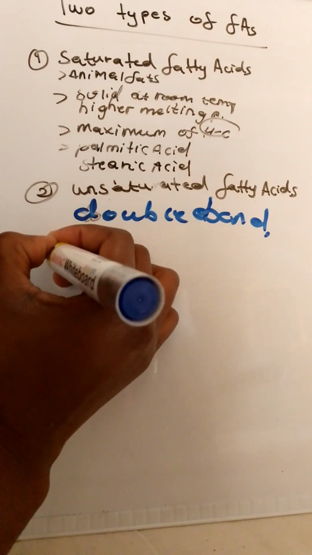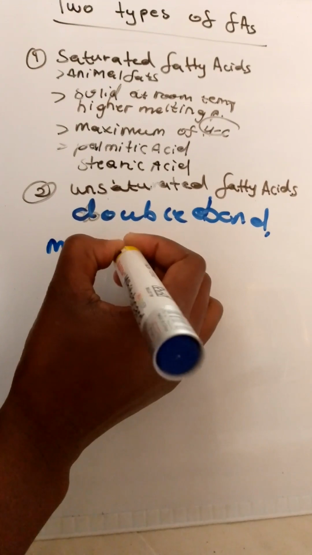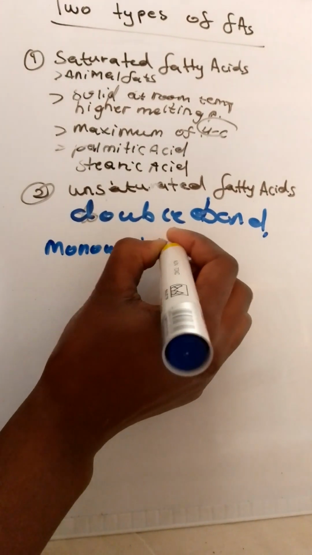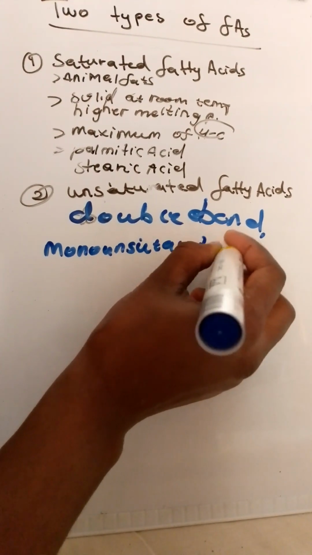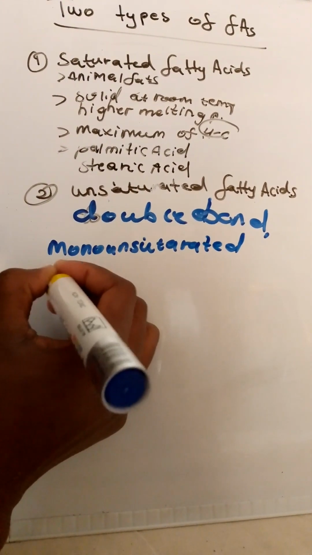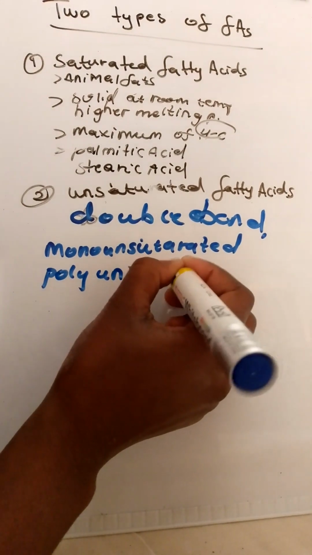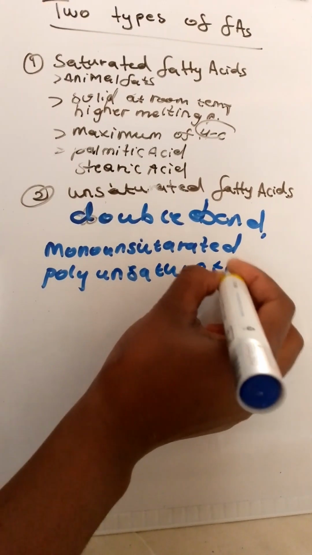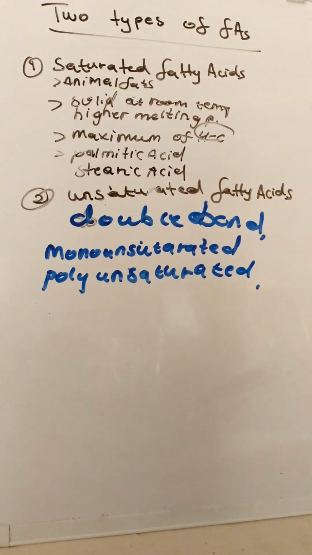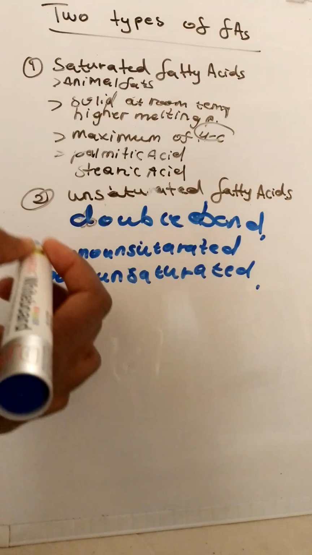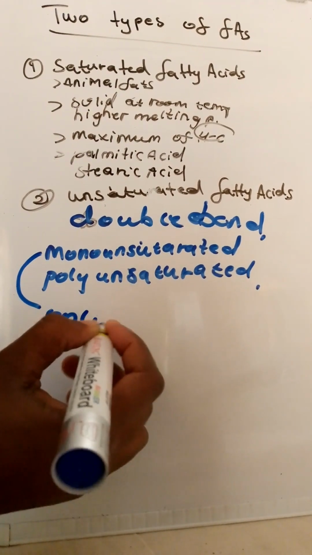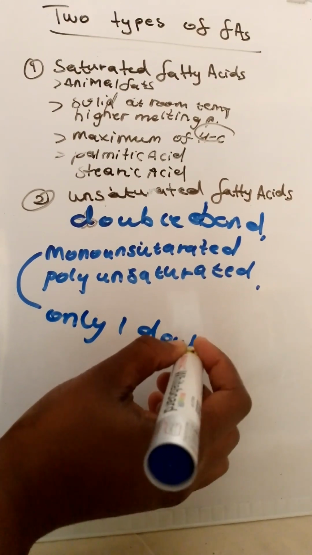So when we are referring to the monounsaturated fatty acid, they consist of only one double bond in their structure.